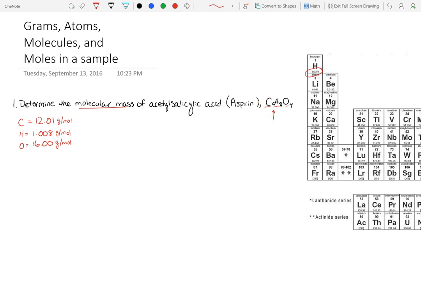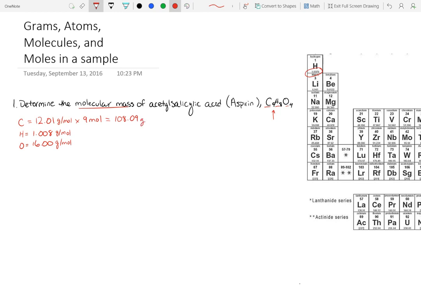So what we're going to do is multiply this number by 9 moles. Okay, so let's go and do that calculation. Let me get out my calculator here. So 9 times 12.01 gives us 108.09.